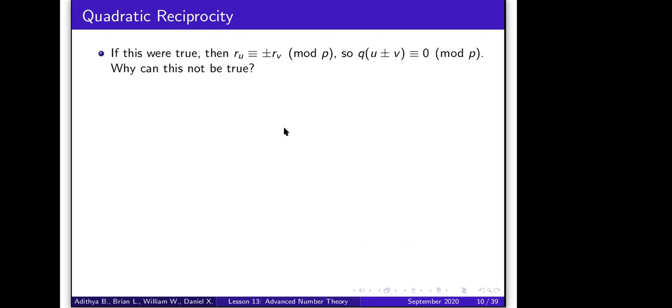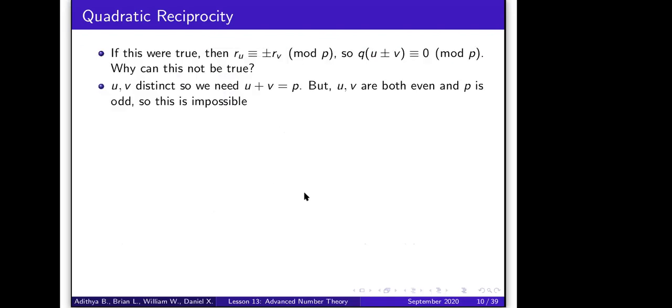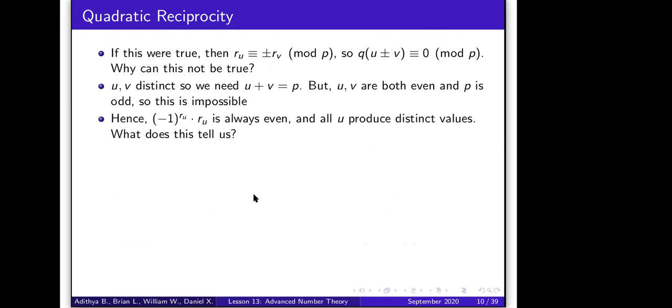Okay, so now we have that all the residues are distinct, and we also have that all the residues are even. So what does this tell us?